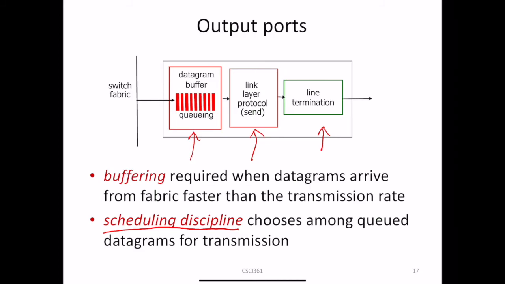Very commonly, the scheduling used in a router is first come, first serve. However, some specific routers will use another way, which we call weighted fair queuing. That means each datagram will be assigned a weight, and based on the weight, the router can decide which datagram can be forwarded to the next hop first.